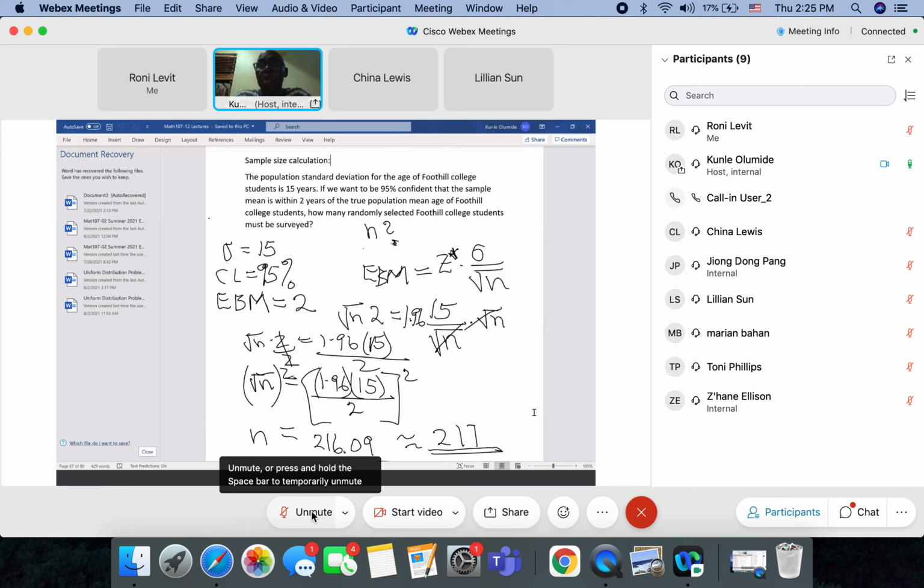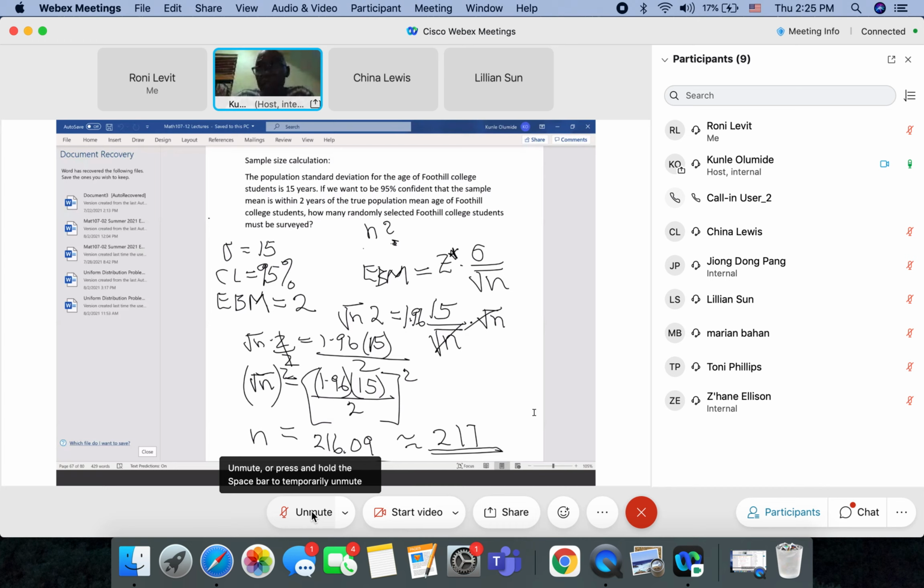It's 216.09, and that becomes 217. For this kind of test and question, I'm going to be looking for that rounding part of it. If you didn't round it the right way, you're not going to get full credit. I'm going to deduct some points.